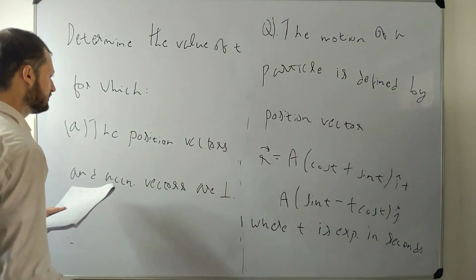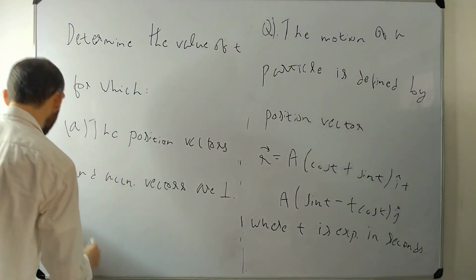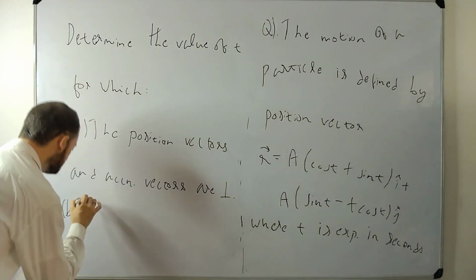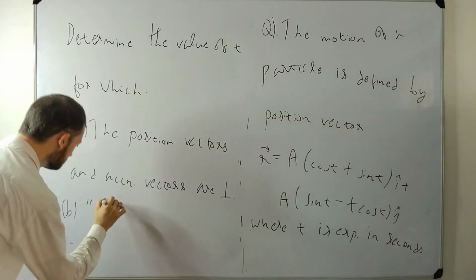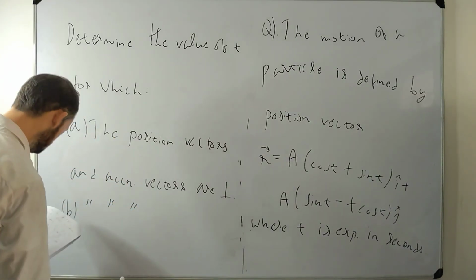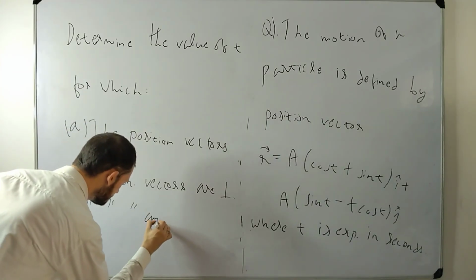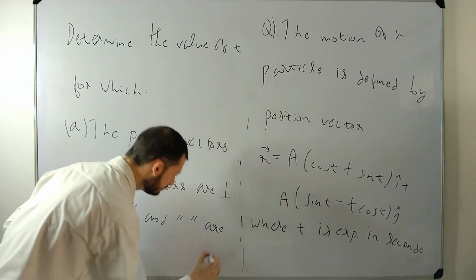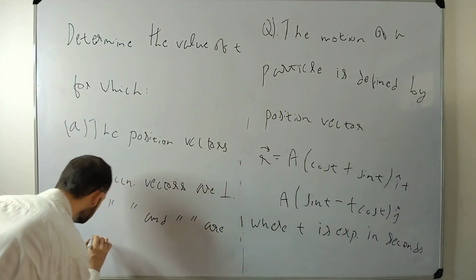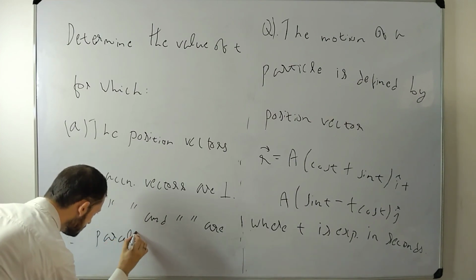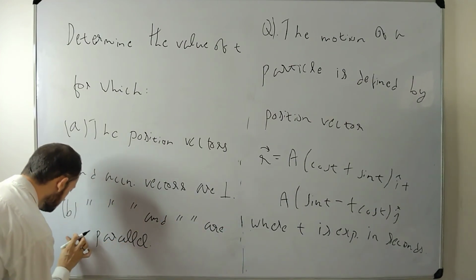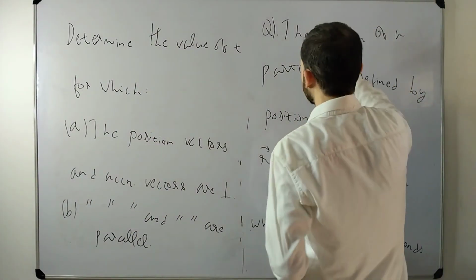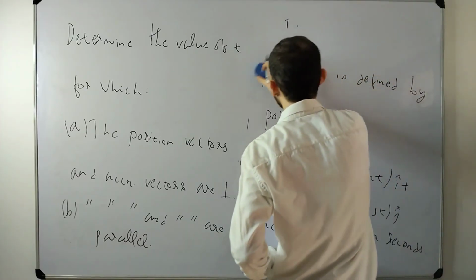This is easy, no? B part, the position vector, so writing the same thing, position vectors and acceleration vectors are parallel. So this time not perpendicular but parallel. C part, oh sir, there exists a C part also to this question. Yes, students.